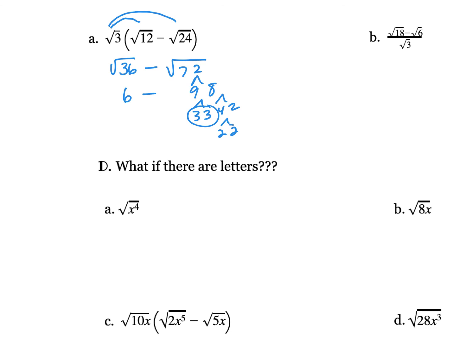And I would be able to see that a 6 would come out. And still stuck on the inside is just the 2. That would be your final answer.